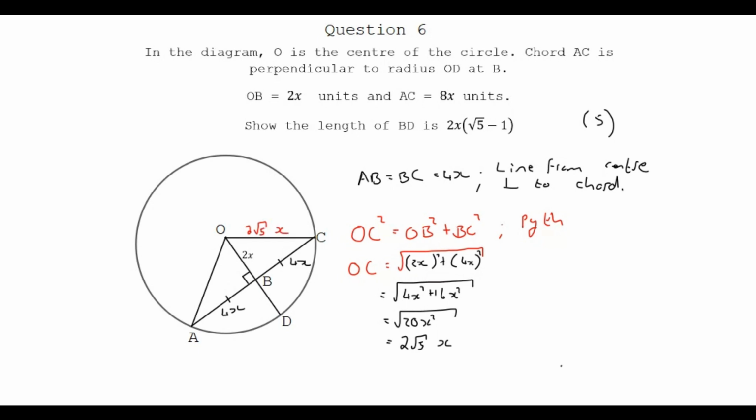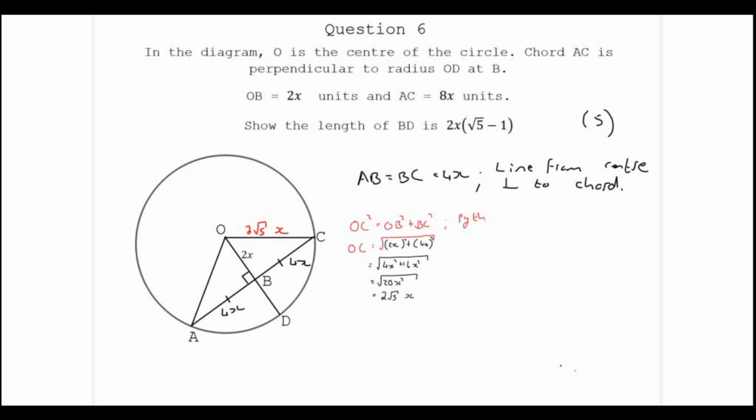Now, what we can see is that the radii are equal. So we can say OC equals OD, and what would my reason be? Radii. Right? So that means OD equals 2 root 5 of x. Now, what you need to see is the whole line OD is actually equal to OB, so 2x, plus this BD.